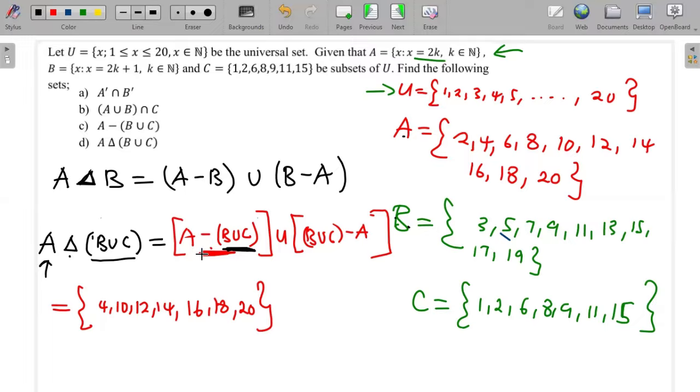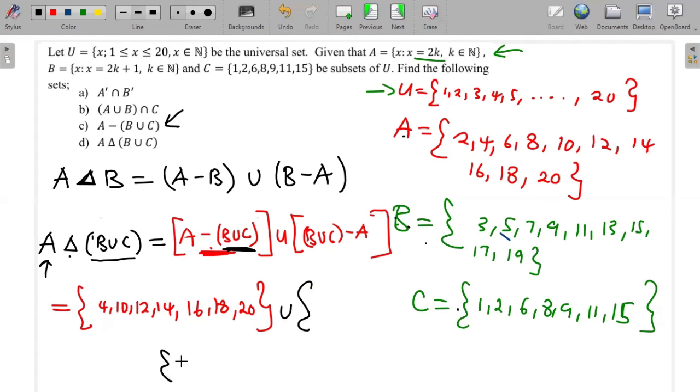Okay, so I was saying A minus B union C, we found it on C here, and it gave us this set. So we can use it directly because we already have it. And then union, now I have to get this part. So B union C, we combine this and this.